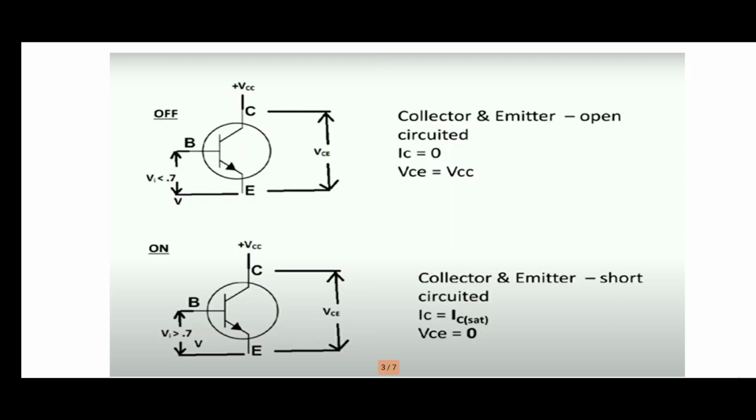If the transistor is on, the collector and emitter terminals are short circuited. There is more current in the collector, so IC equals IC saturation, and VCE, the collector to emitter voltage, is 0.